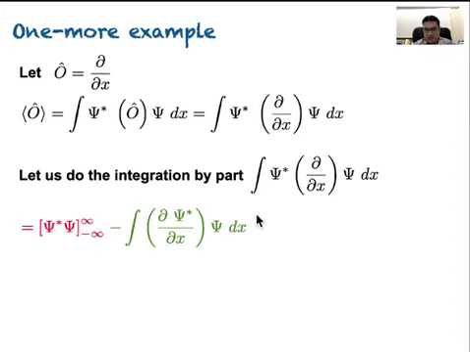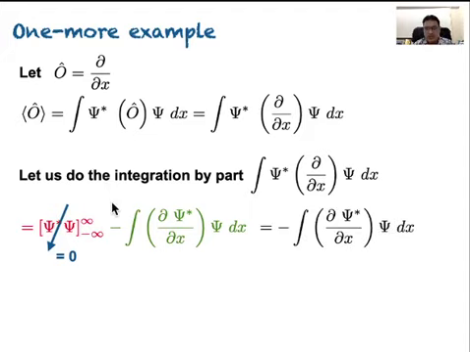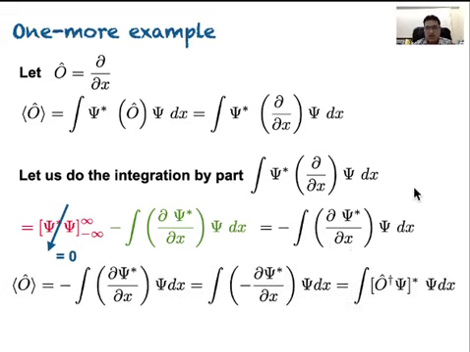Now it's easy to show that this psi star psi boundary term will go to 0. Then what is left? I am left with minus the integral of d psi star over dx times psi dx. Okay, this is what I have got.